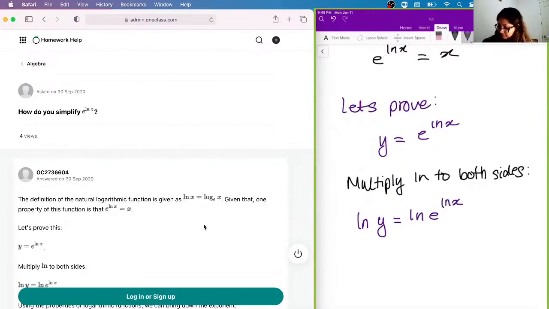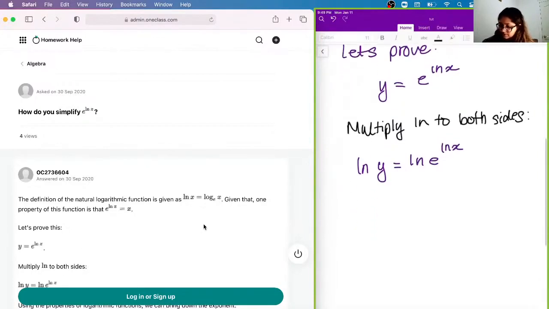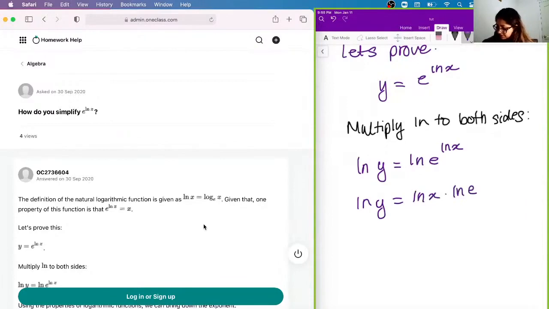And so, using the properties of logarithm functions, we can bring down the exponents. So what we get is ln of y is equal to ln of x times ln of e. So we just brought ln of x down.